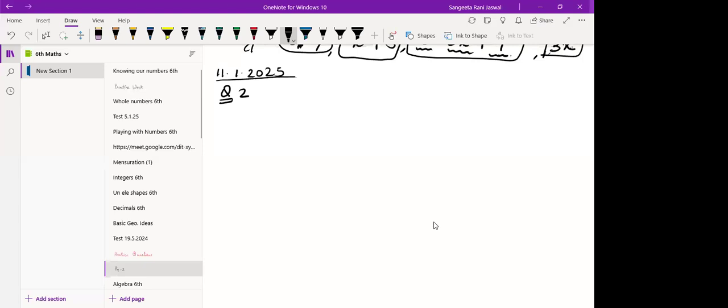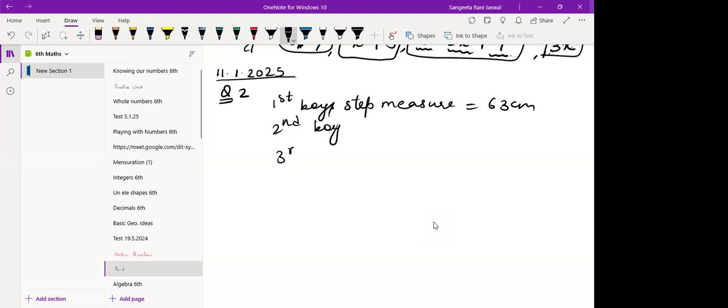Okay, so for the first boy you will write 63 centimeters. Similarly for the second boy. Okay. Third boy.